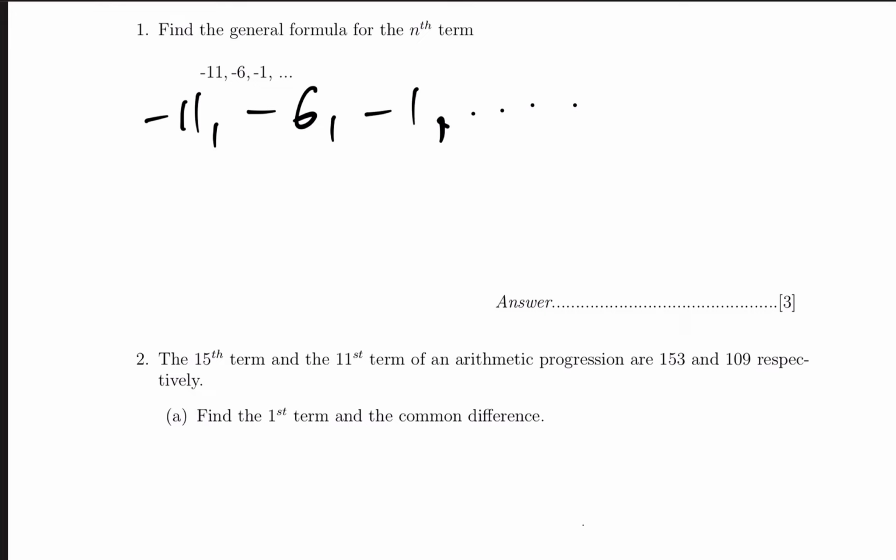To determine that, we have to observe the relationship between the consecutive terms, meaning we have to check the relationship between negative 11 and minus 6, and again minus 6 and minus 1.